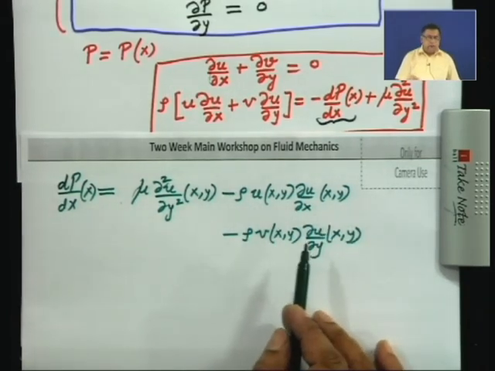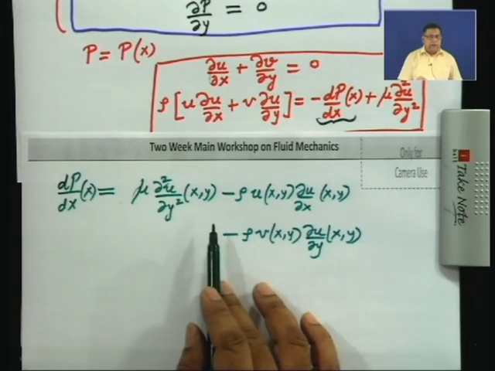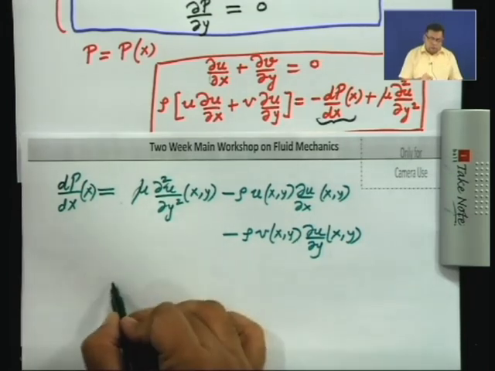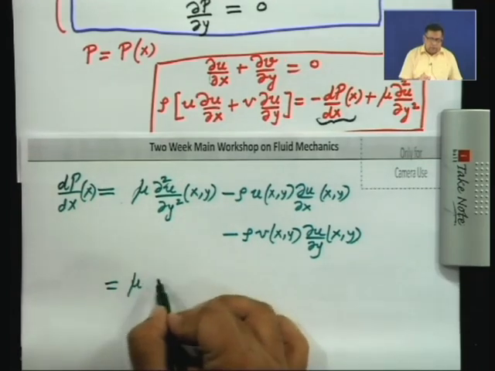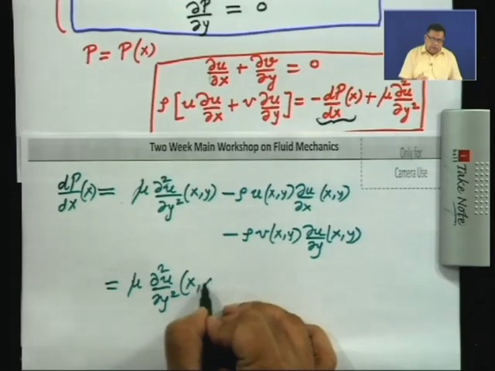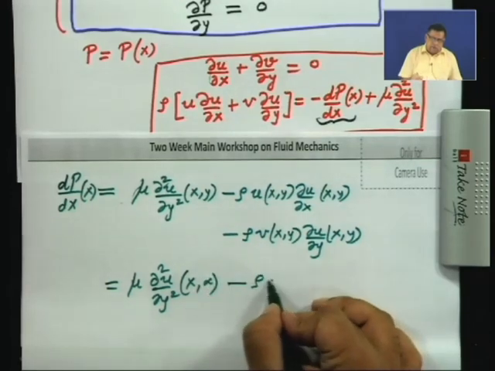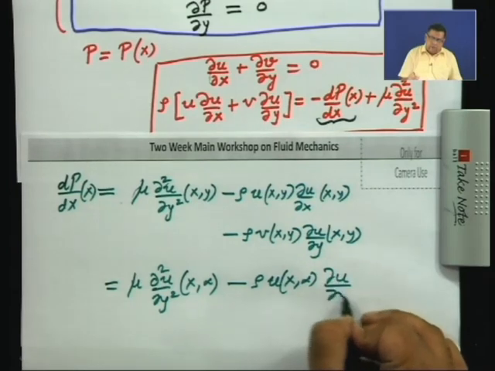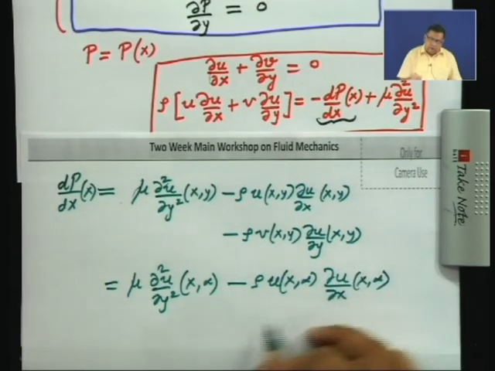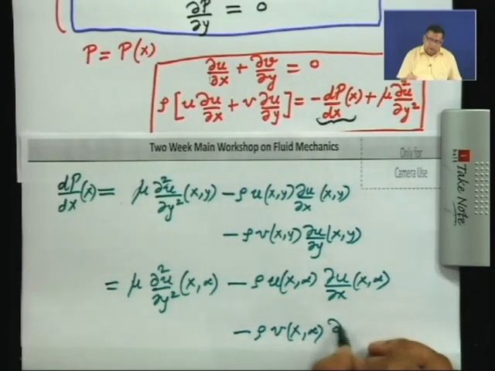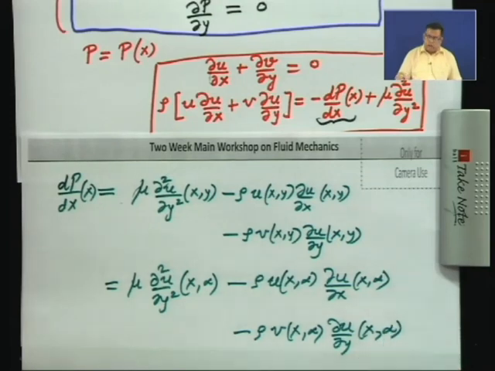Now, I can put any value of y, I can put y equal to 0, I can put y equal to infinity. So, if I put y equal to infinity, it makes sense because we know what the conditions are at y equal to infinity. So, this I can write as μ ∂²u/∂y² of x comma infinity minus ρ u of x comma infinity ∂u/∂x of x comma infinity minus ρ v of x comma infinity ∂u/∂y of x comma infinity.